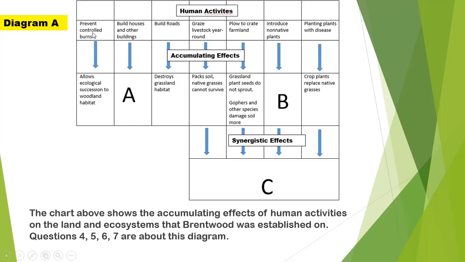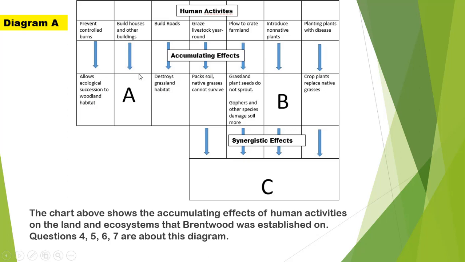So prevent controlled burns. So the Indians used to do controlled burns in an area, and that stopped ecological succession, the changing of a grassland into a shrubland into a forest. So if you prevented the controlled burns, it would allow the succession from a grassland to a woodland.